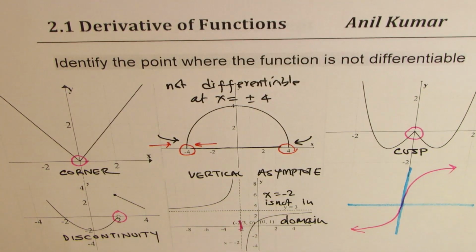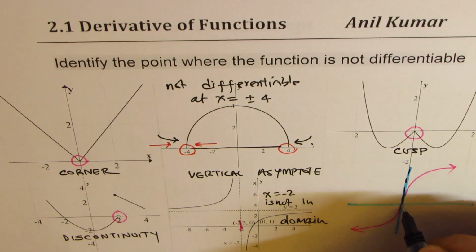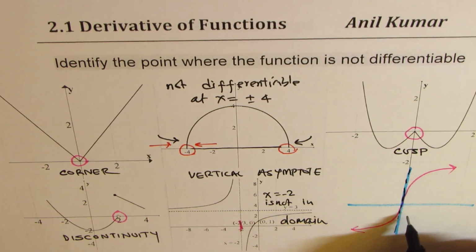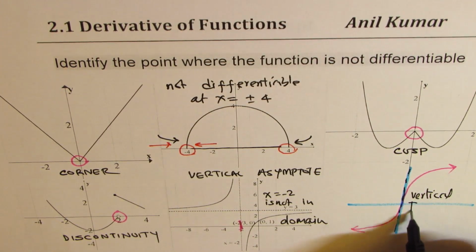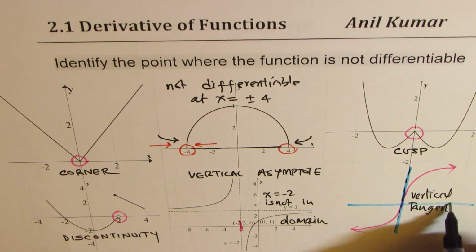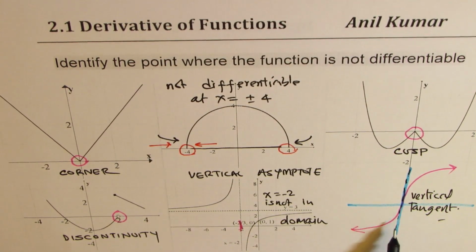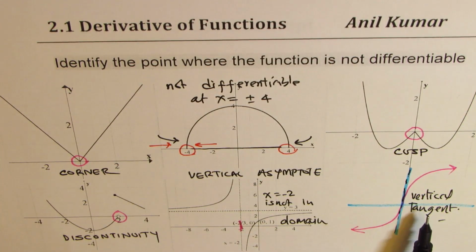It is not differentiable at x equals 0 since we have a vertical tangent, correct? So if you have a vertical tangent, which is also the case here, in that case, the function is not differentiable. Perfect. So that is how you can answer these kinds of questions.